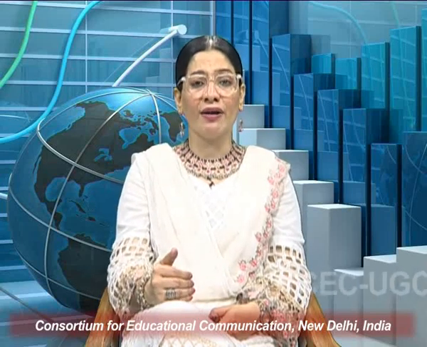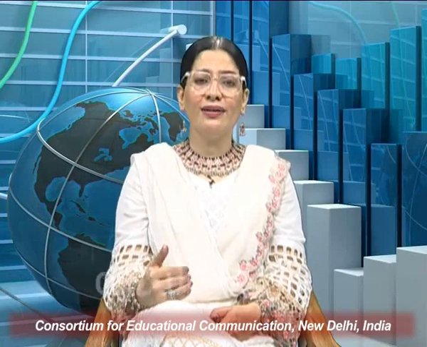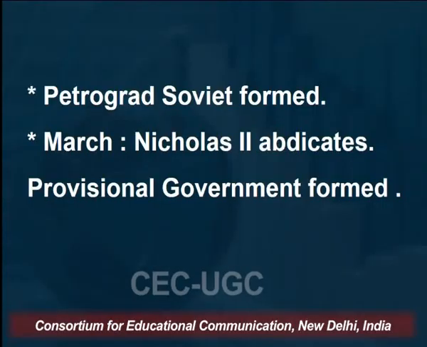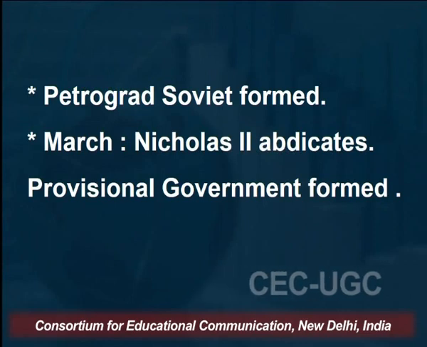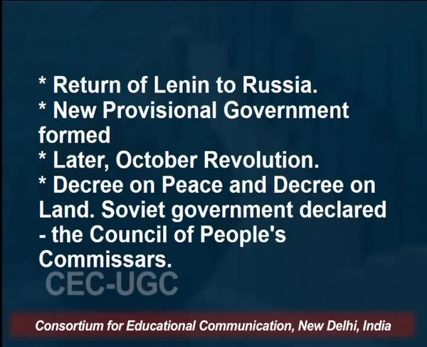Desertions occur. Prisons, courts, and police stations are attacked and looted by angry crowds. Here the Petrograd Soviet is formed, and in March, Nicholas II abdicates and the provisional government is formed.